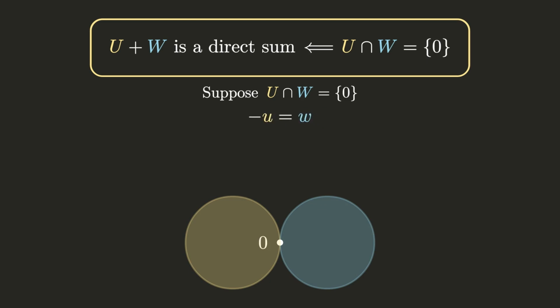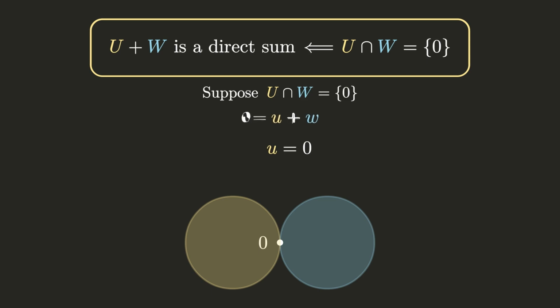We first move u to the left side, giving us minus u equals w. As we know, w is in capital W, and so minus u is in capital W as well. This implies u is in W as well. So u is actually in the intersection. And because we've assumed the intersection only contains 0, u equals 0.